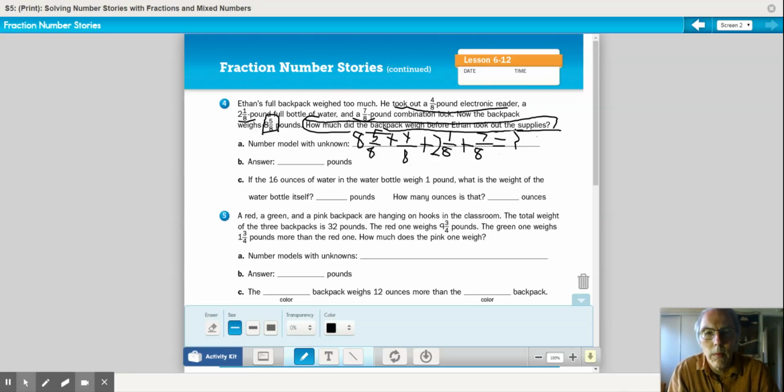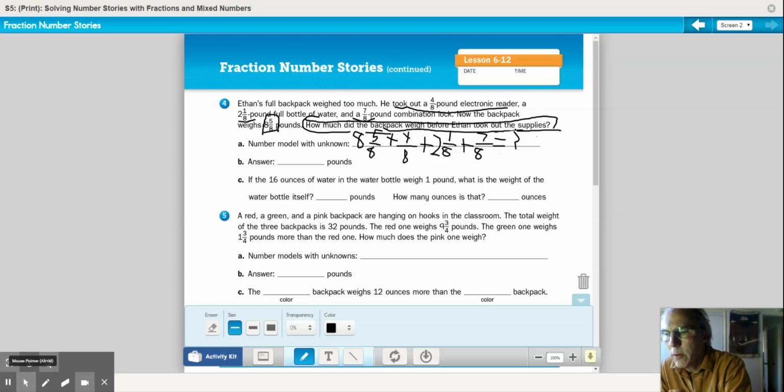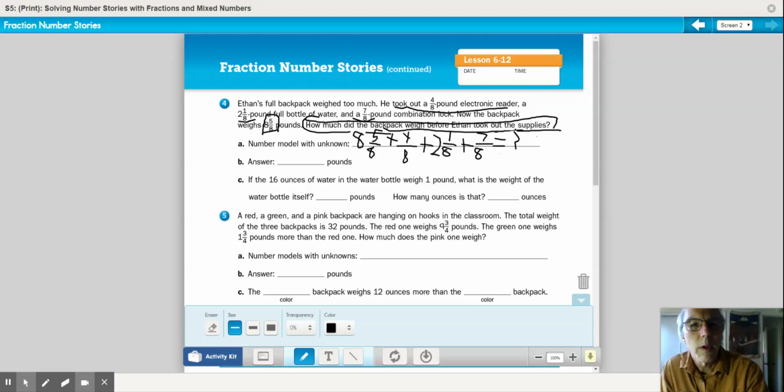So what's the answer? I don't know. I've got to add it up. So first off, let's get our little highlighter here. Well, that doesn't work, but anyway, 7/8 plus 1/8, that's 8/8. I can tell that. 8/8 plus 4/8 is 12/8. 12/8 plus another 5/8 is 17/8.